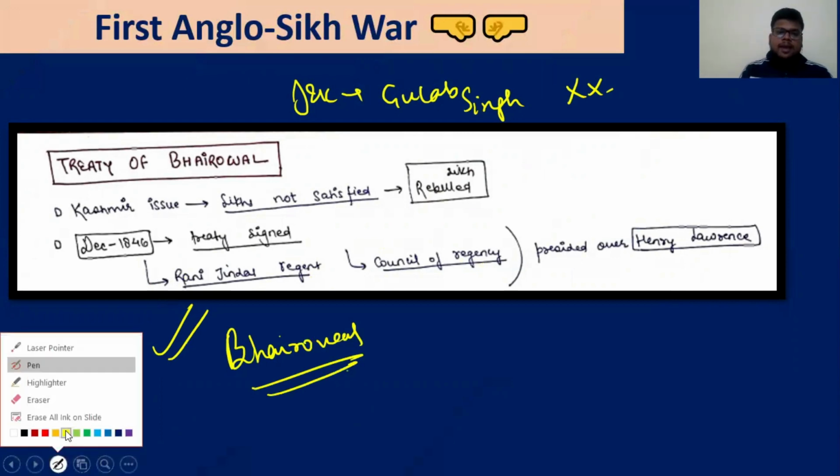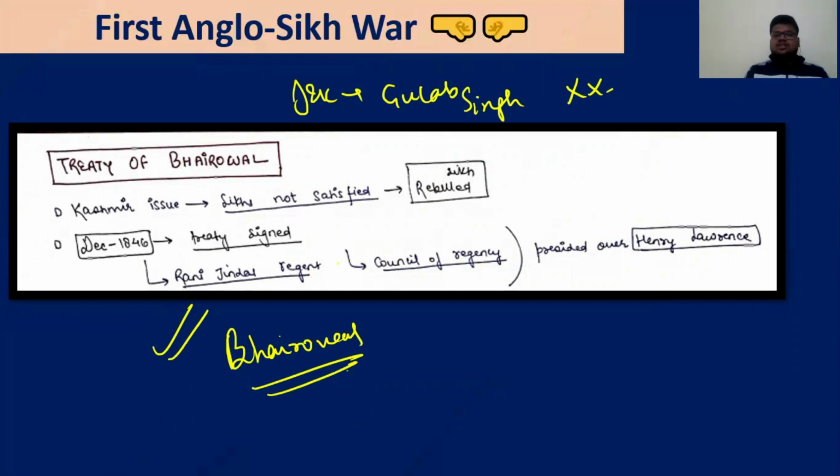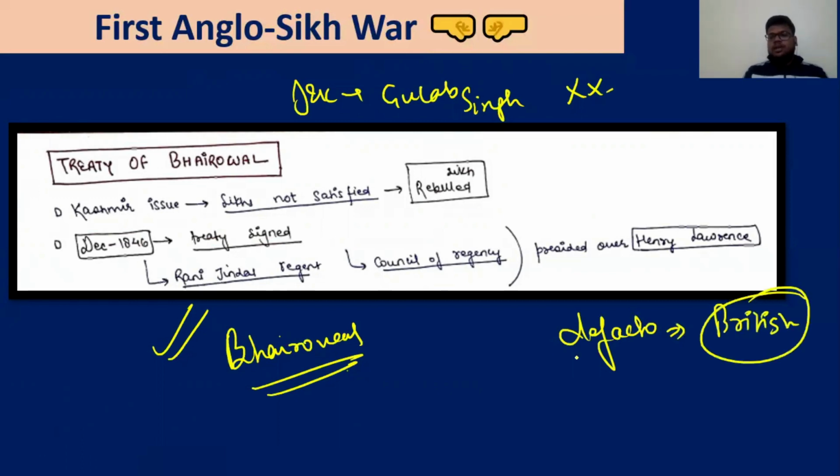Okay. And then again, Rani Jindal became the regent and a Council of Regency was created, and the de facto ruler became the Britishers. The Britishers became the de facto ruler with the Council of Regency, because that was presided over by Henry Lawrence.